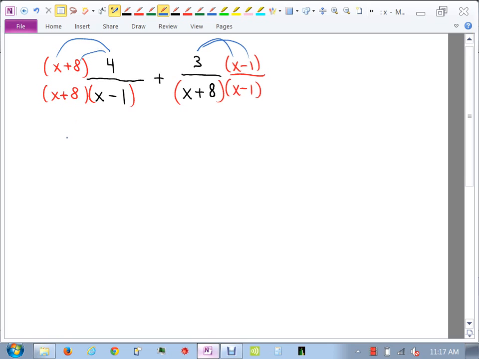That first multiplication through, I get 4x plus 32 over my common denominator. I'm going to actually multiply out. So I took the x plus 8 times x minus 1, and I distributed that out and put it together, right? Then we have plus 3x minus 3 over that same denominator.